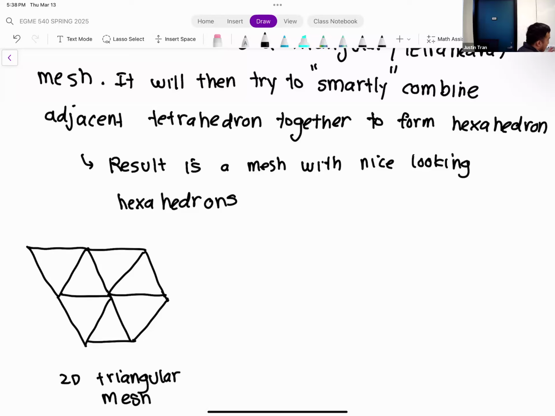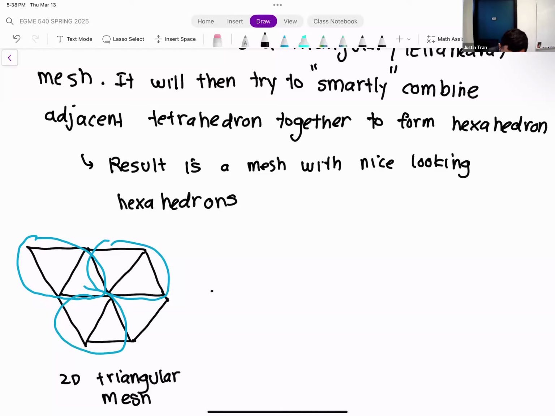So what ANSYS will do is look at pairs of elements and ask which pairs will make a good quadrilateral, a good hexahedron. It'll identify elements, maybe like these two right here. If we combine these two and eliminate the dividing line between them, that gives us a pretty good looking quadrilateral. Same thing for these two elements here, and these two here.